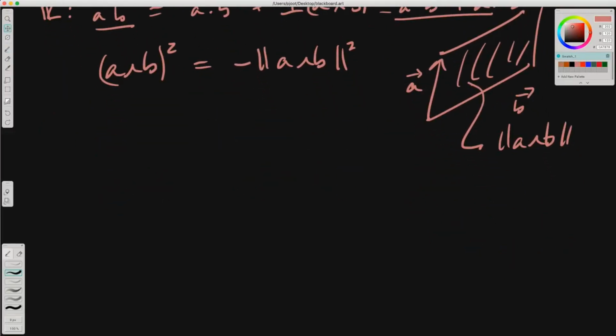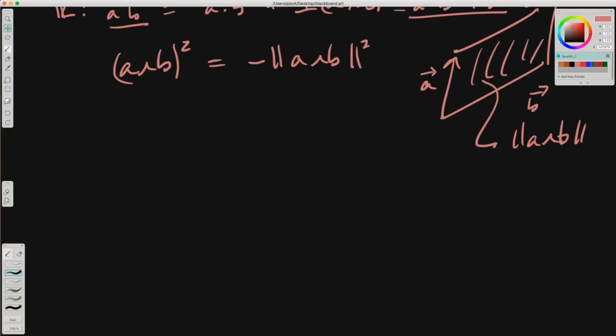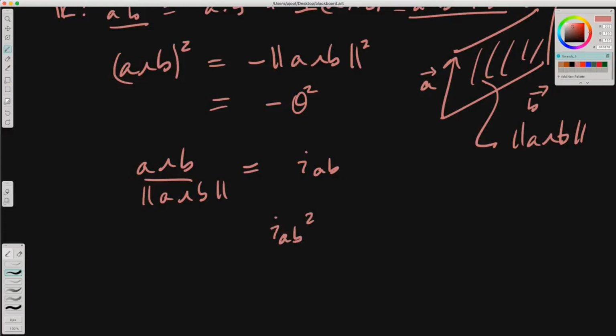So A wedge B divided by its magnitude is a unit bivector, and we'll call that I_AB, and I_AB squared is minus 1.